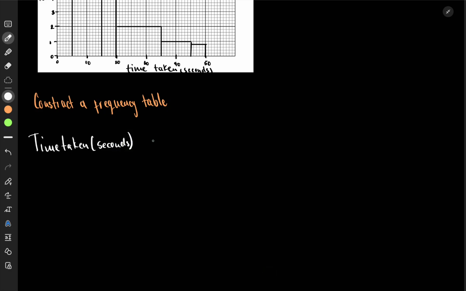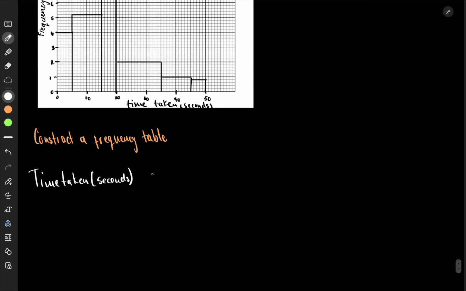And then I'm going to put the interval width, because from my time taken boundaries I'm going to be able to get my interval width, similar to what we've been doing.